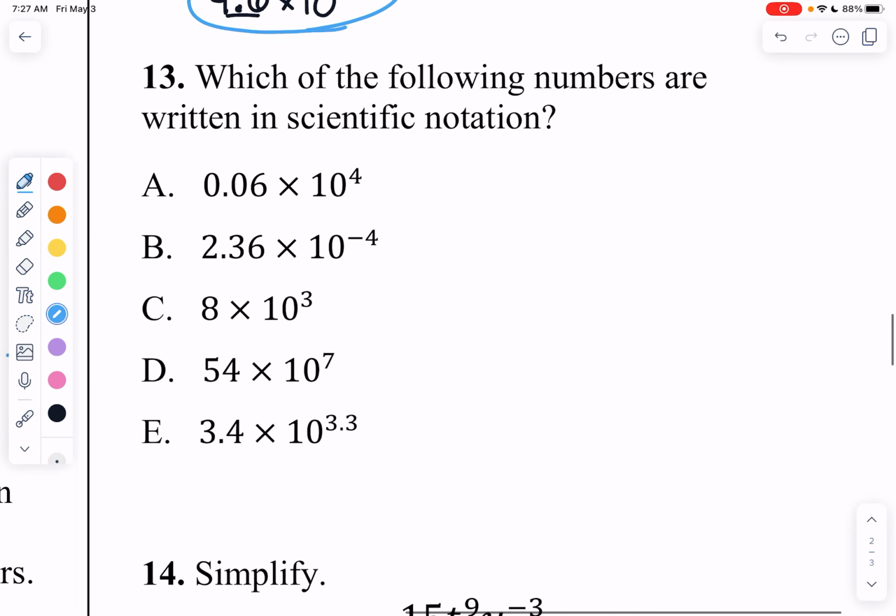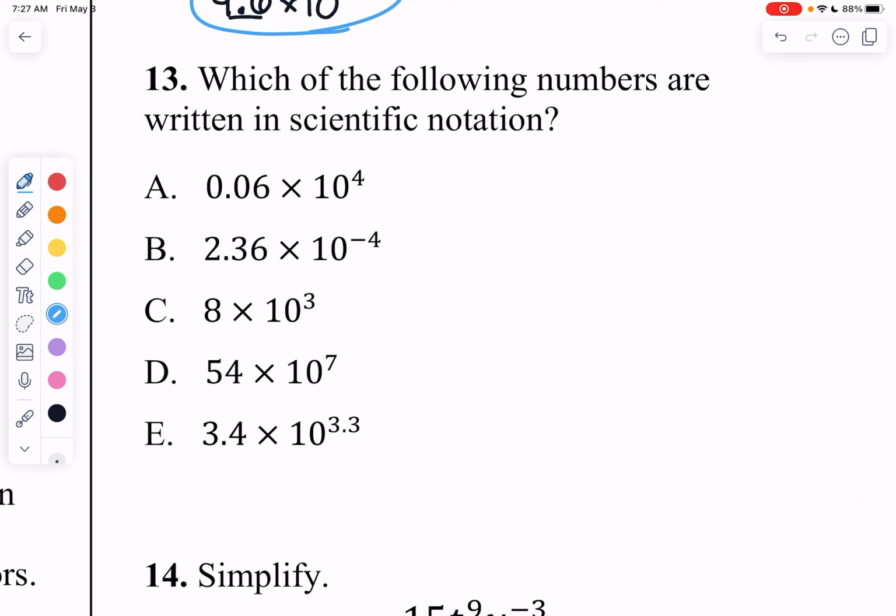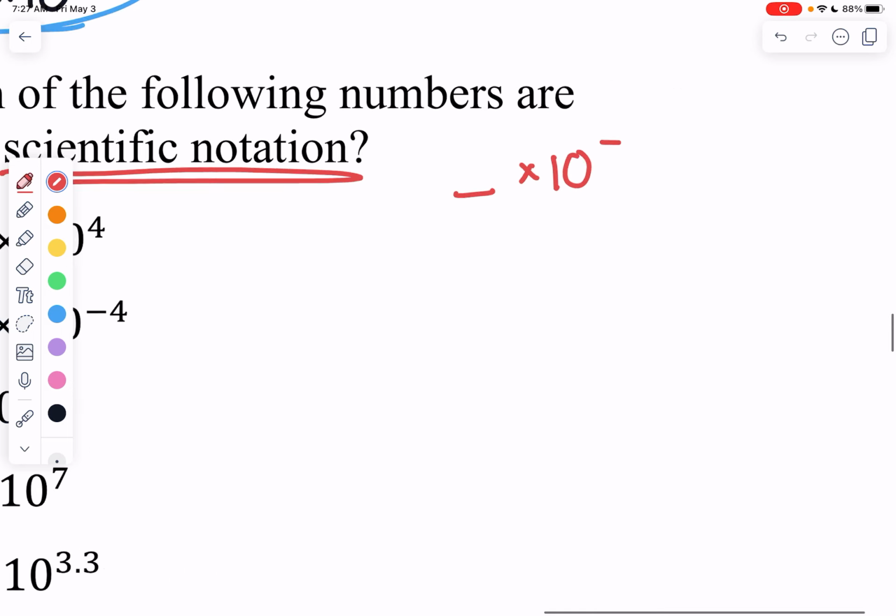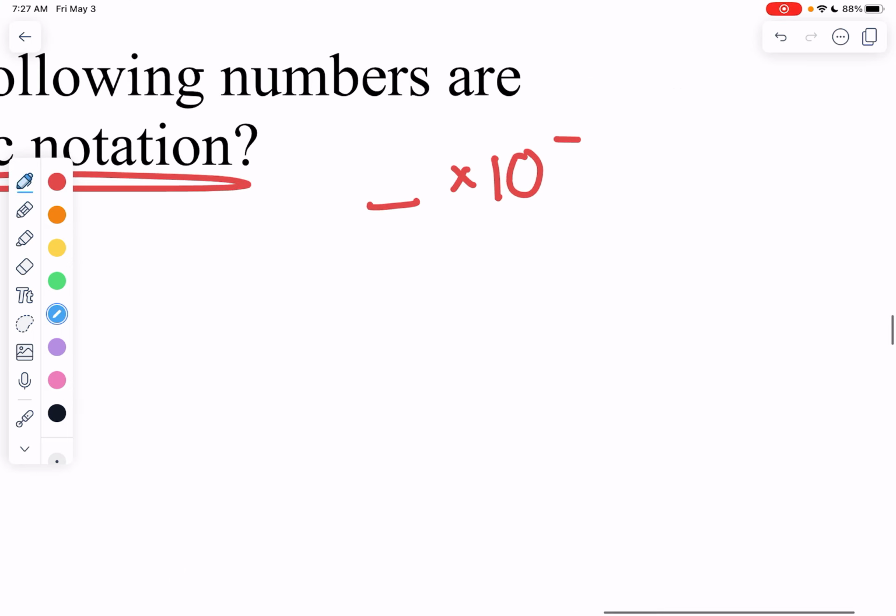All right, this says, which of the following numbers are written in scientific notation? So this is where we remind ourselves that there are 2 rules with scientific notation, okay? So we have a number times 10, and then we have an exponent, but there are 2 rules for these blanks, okay? This blank on the left has got to be a number in between 1 and 10, okay?